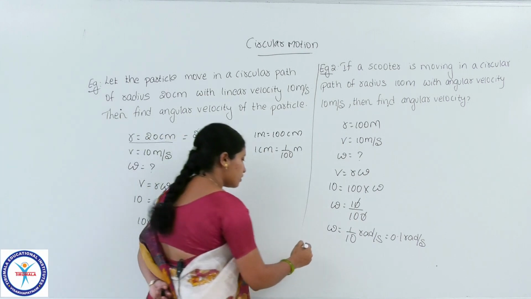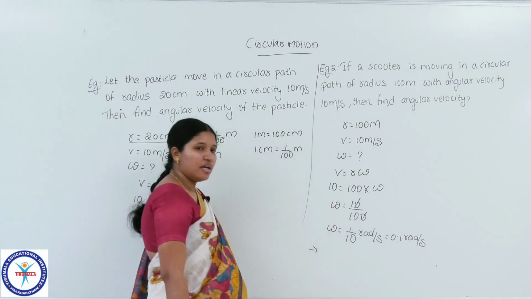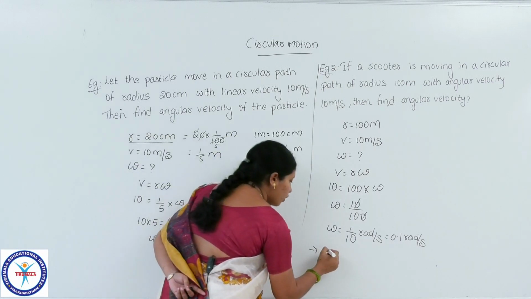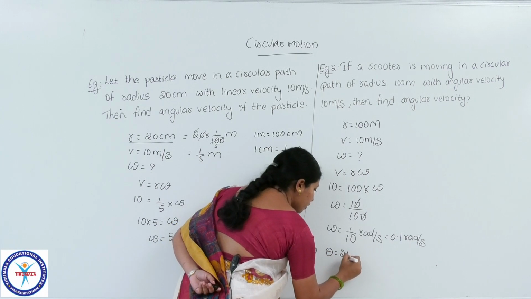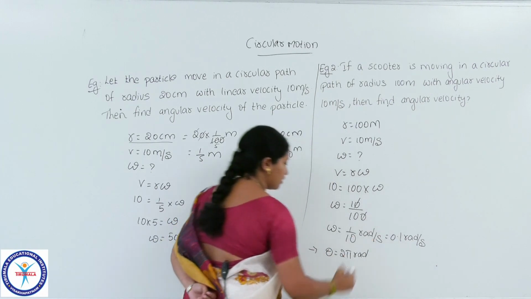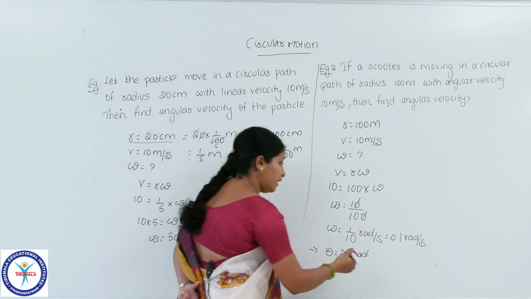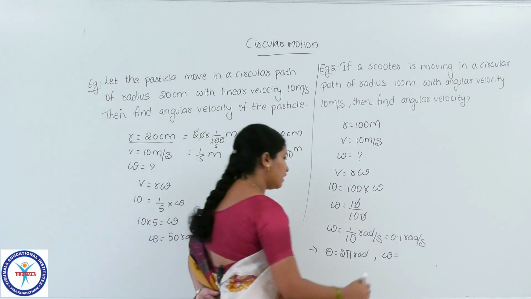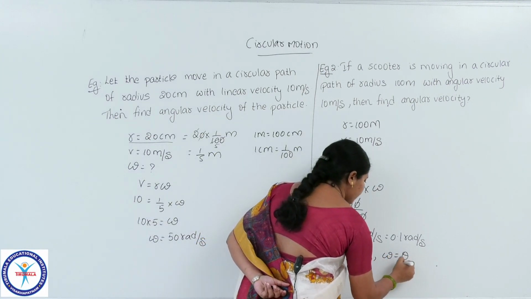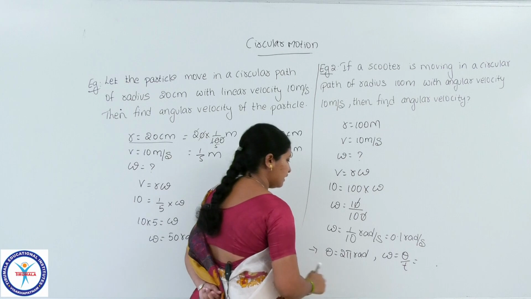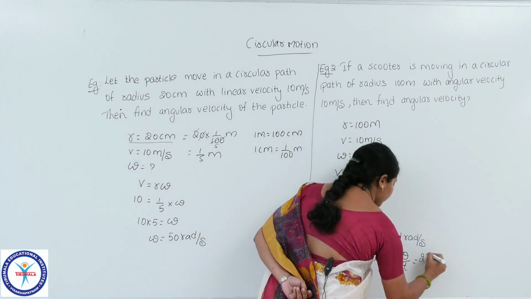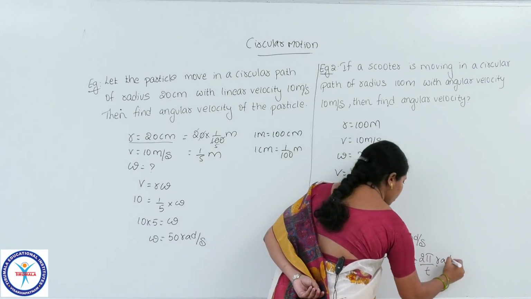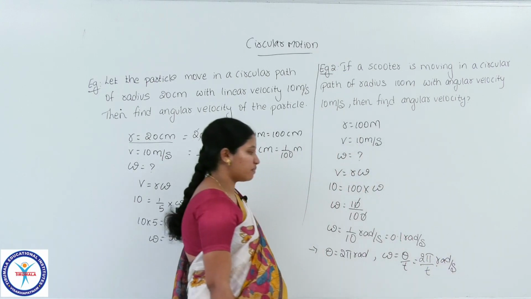See, already we have discussed that if a particle makes one complete revolution, what is the angular displacement? 2 pi radians. Now what will be the angular velocity in this case? Omega is equal to theta by t. So what is theta? 2 pi, by t, let it be t. So omega is equal to 2 pi by t radians by second.